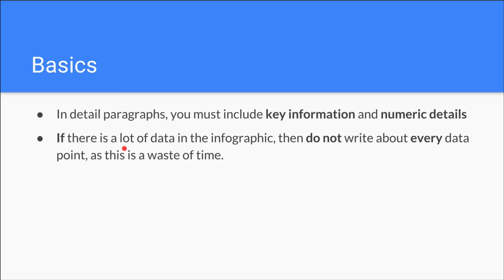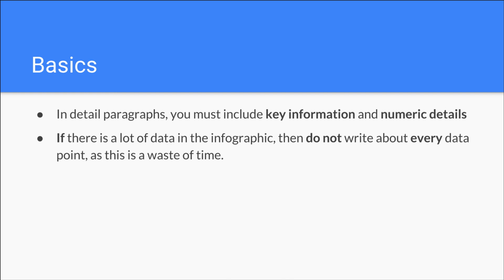So if you get a graph or a chart where you see a lot of information, then you have to prioritize which information is the most important and just talk about those key data points. So very soon, I'm going to show you an example of which data points you should be including.